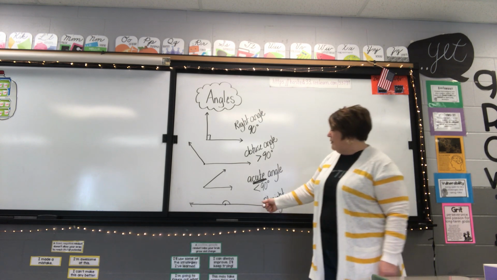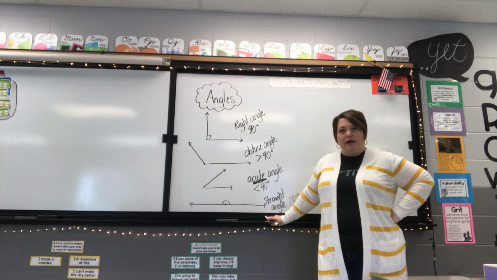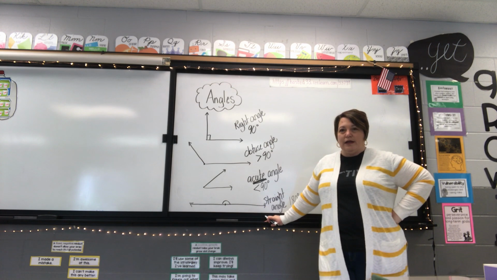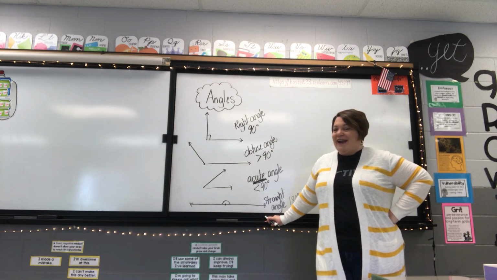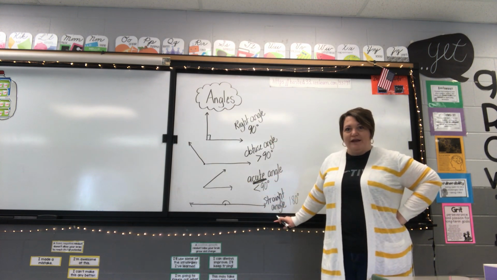I'm hoping that you are looking at this and thinking that it reminds you of something else. What else does this angle look like? That's right, a straight line, which is why it's called a straight angle.